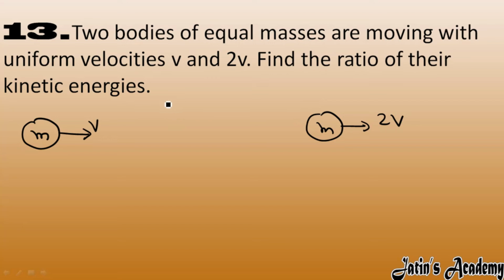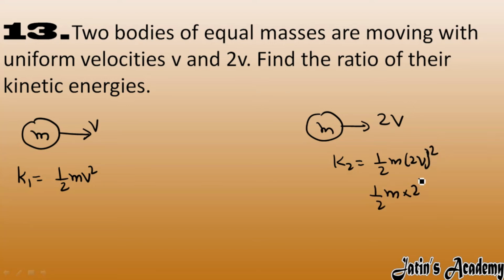Before that, calculate kinetic energy. In the first case kinetic energy is half mv square, and in the second case kinetic energy is half m into 2v square. So 2v square means 2 square and v square. 2 square means 4, and v square as it is, so cancel it out.